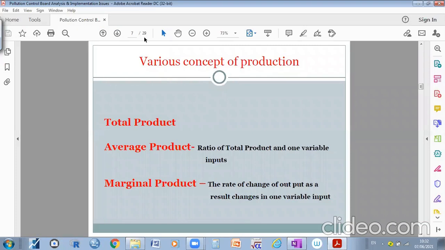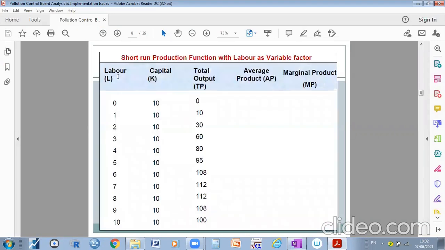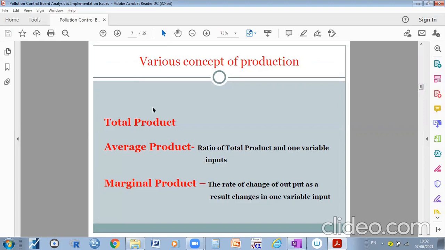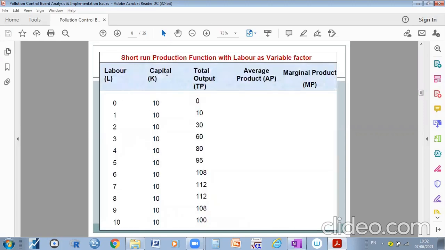Generally, in terms of our table, when you are taking the law of diminishing marginality theory, see here. As we know, the short-term production function with labor as the variable factor.